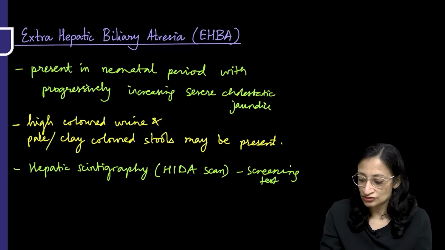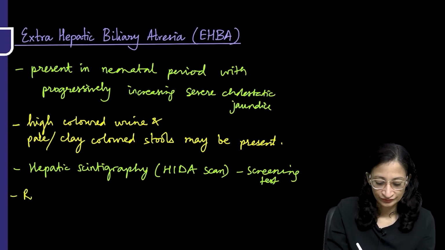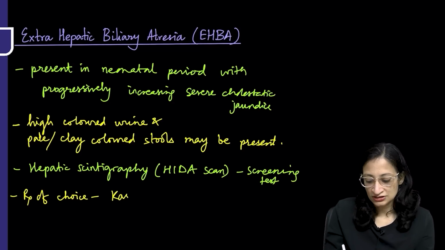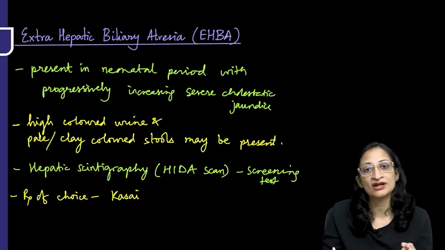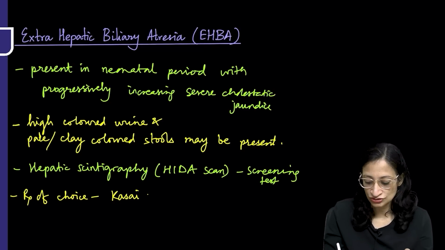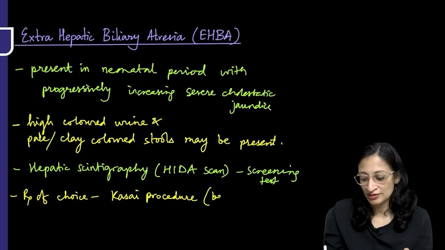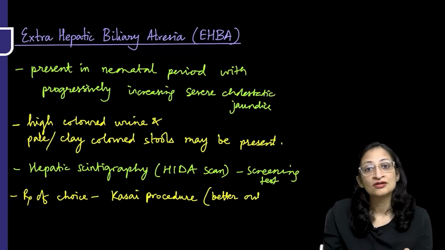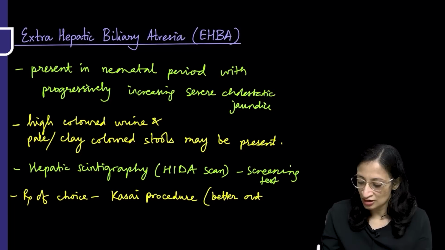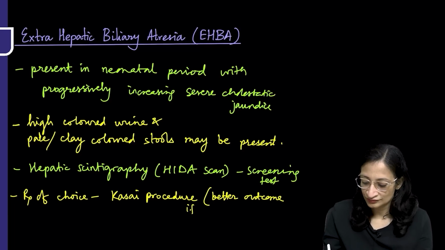The treatment of choice is surgery, the Kasai procedure or hepatic portoenterostomy, where you make a shunt between the liver and the intestine. The Kasai procedure has a better outcome if done before the child turns 8 weeks of age.